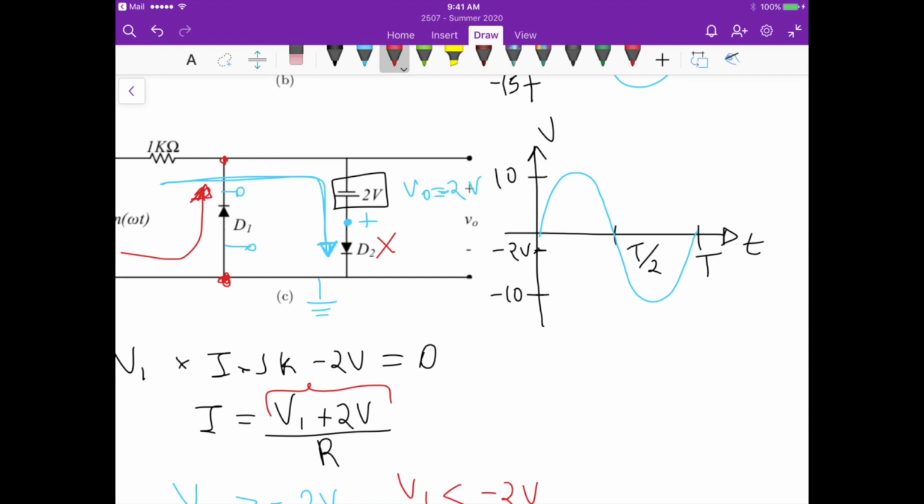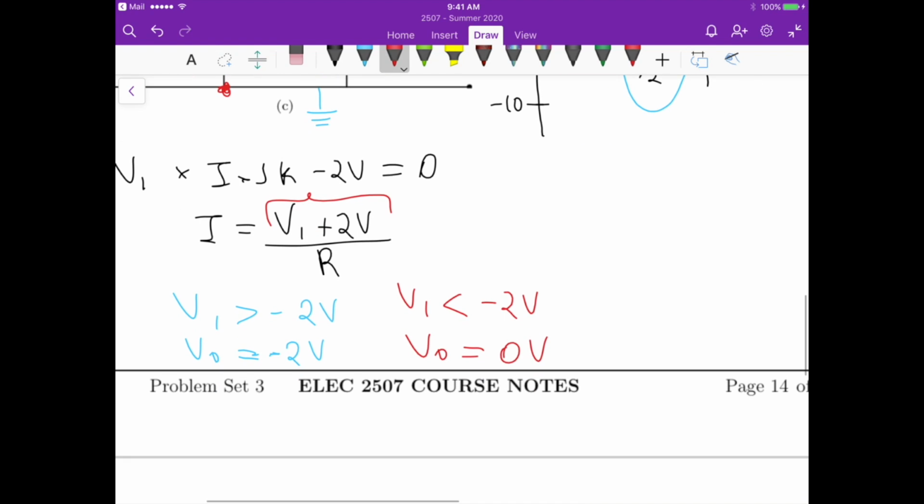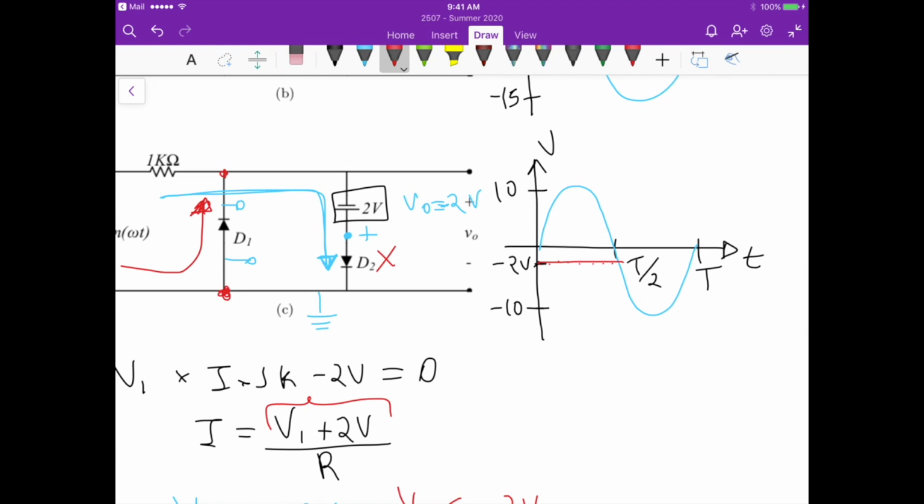So for all these conditions, so let's say here, right, the output voltage is always minus 2. And then if the input voltage is lower than that, right, less than minus 2 volts, then the output is just 0.